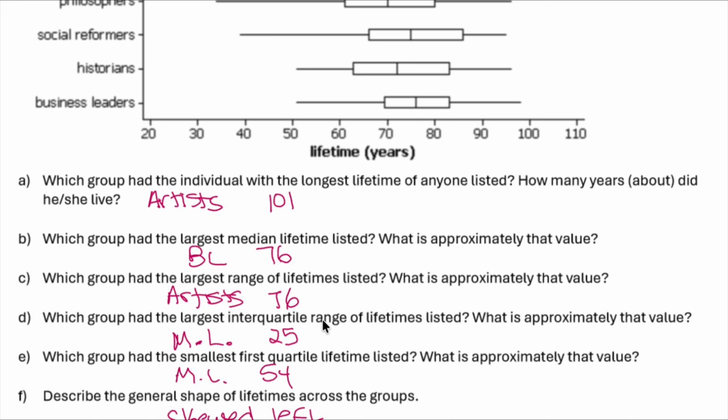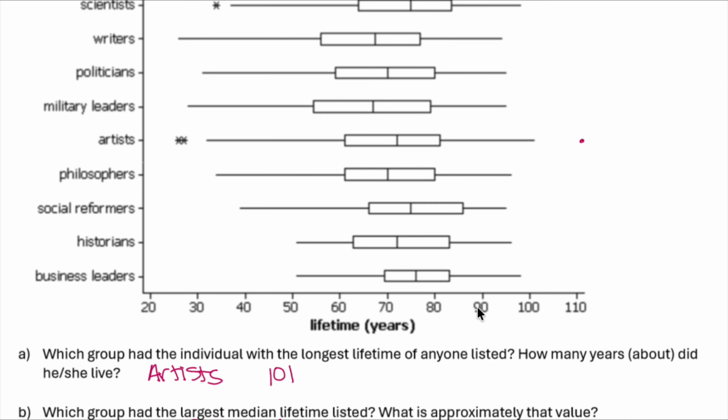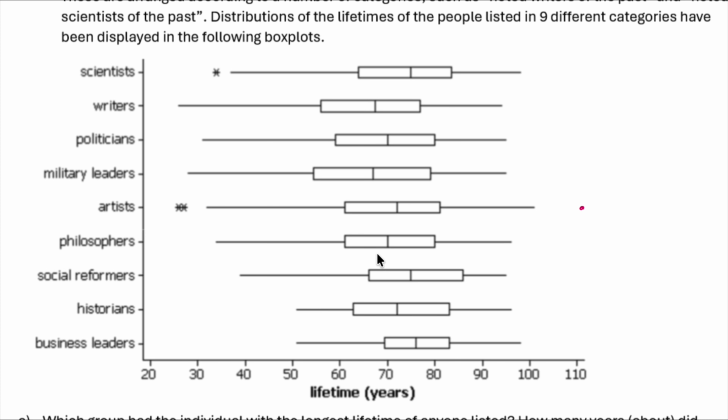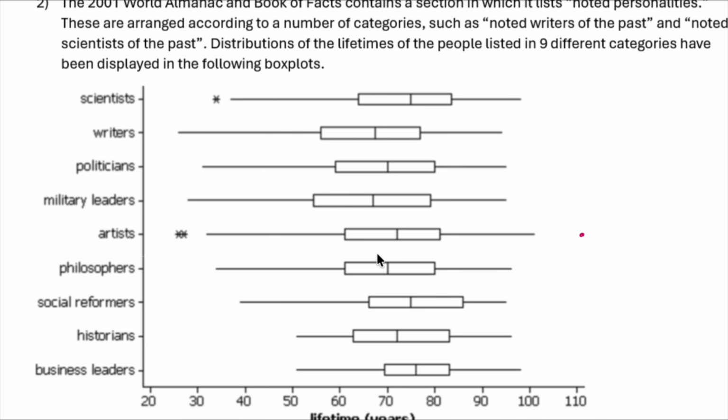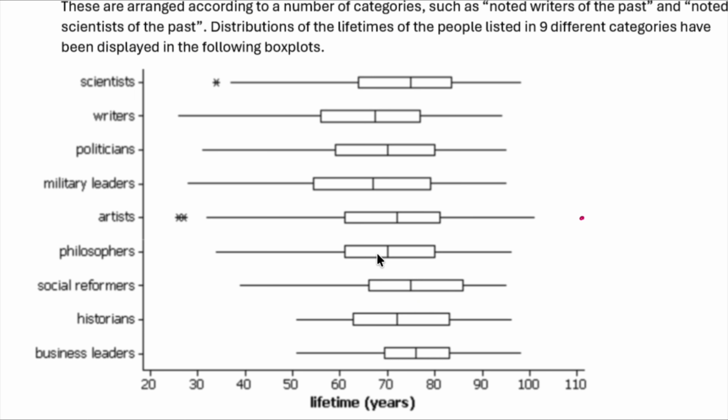And part F, describe the general shape of lifetimes across the groups. So when we're looking at the shape of the box plot, we're looking at how the data is distributed, like in what range most of the data lies.